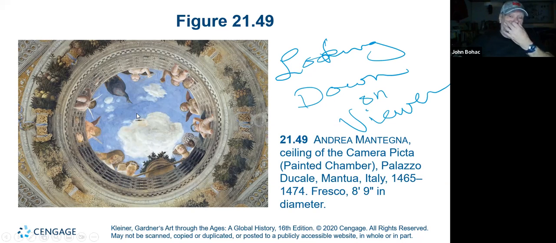But the idea that one could paint a ceiling that could be believable, and we have some angels here, by the way, too, and other people just looking down, standing around the edges. But the idea that you could paint illusions this well, this is what they developed in the 15th century, a product of both the Northern Renaissance and Southern Renaissance.